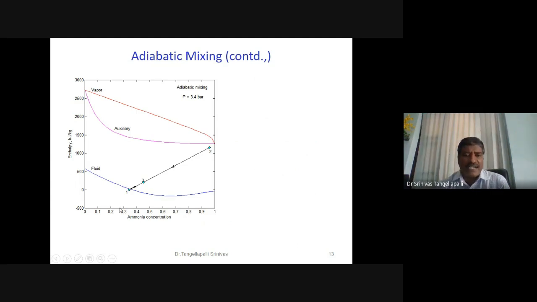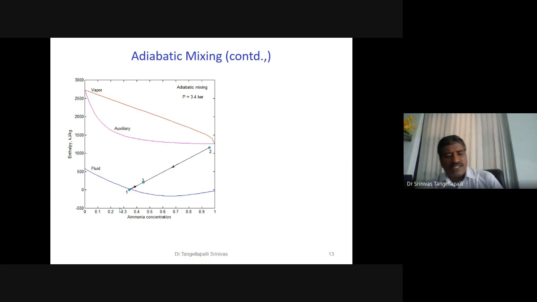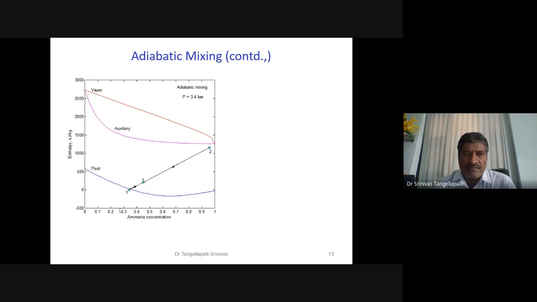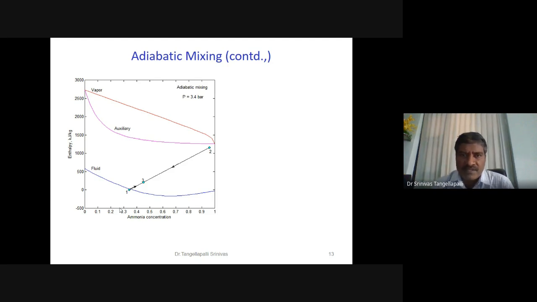Any fluid X1 and X2 we are combining together. Whereas in separation, according to the binary fluid process, we separate into saturated liquid and saturated vapor. Mixing is not like that. That's why the solution for separation is easier compared to the adiabatic mixing process.